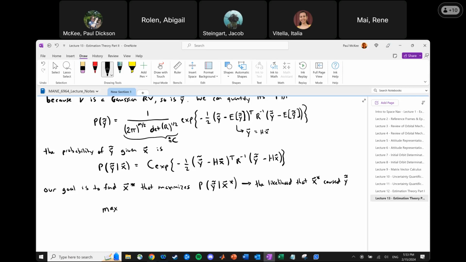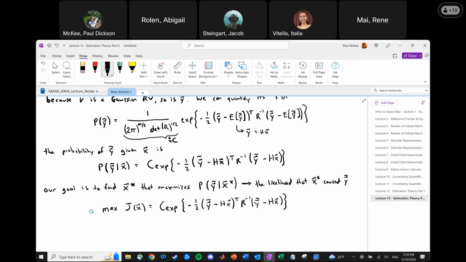We're going to say max J of x is C exponential negative 1/2 (y with the noise on it minus Hx) transpose R inverse (y minus Hx). That's what we're trying to maximize.